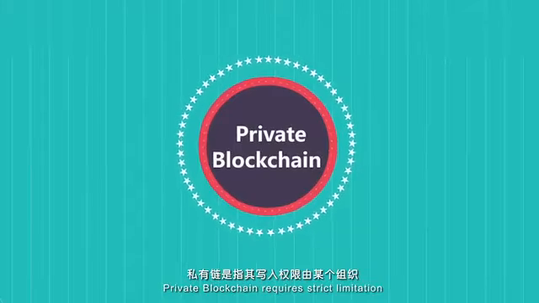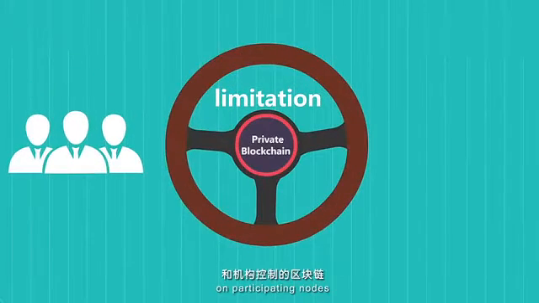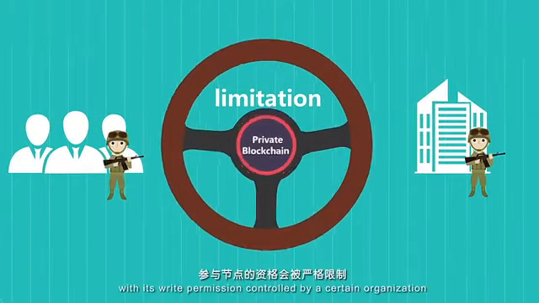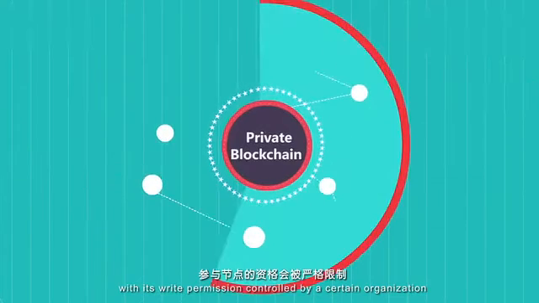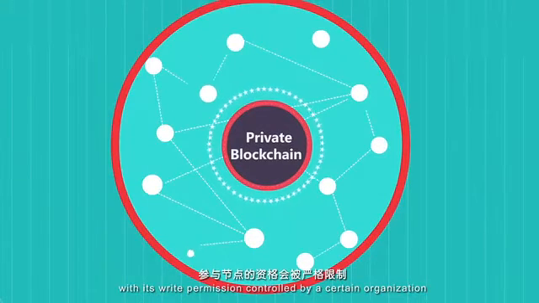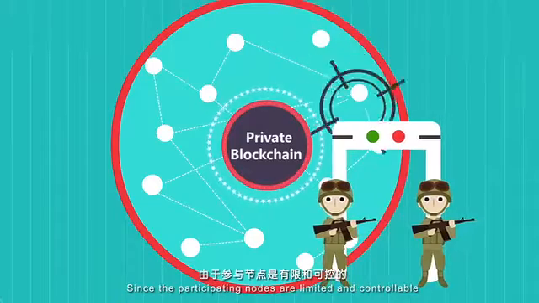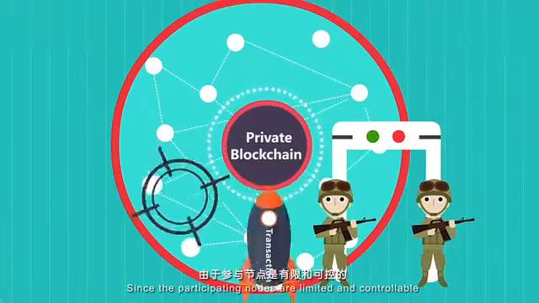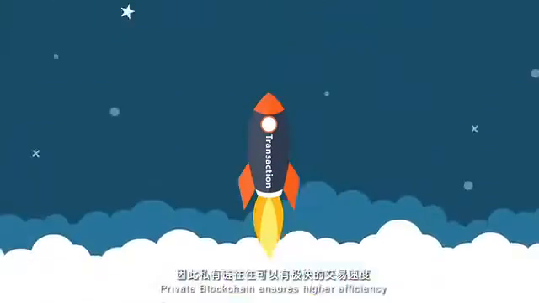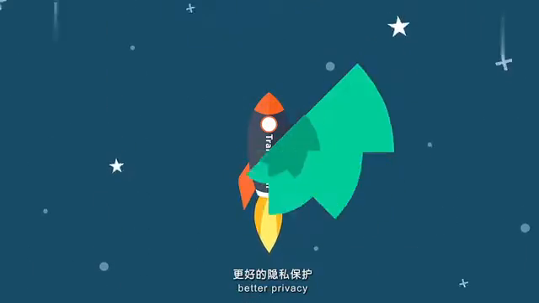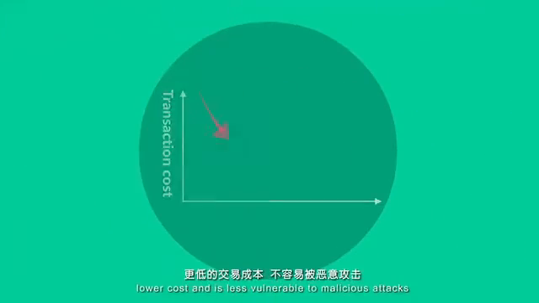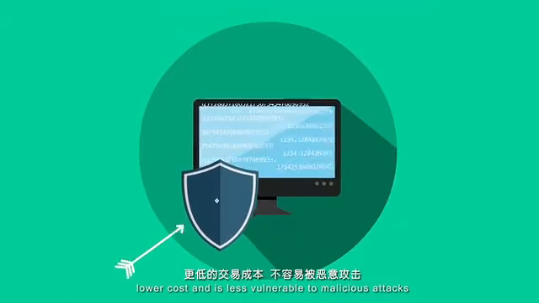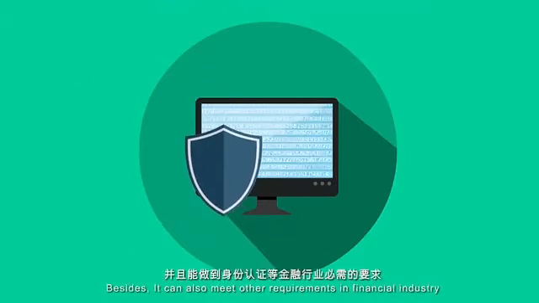Private blockchain requires strict limitation on participating nodes, with its write permission controlled by a certain organization. Since the participating nodes are limited and controllable, private blockchain ensures higher efficiency, better privacy, lower cost, and is less vulnerable to malicious attacks.